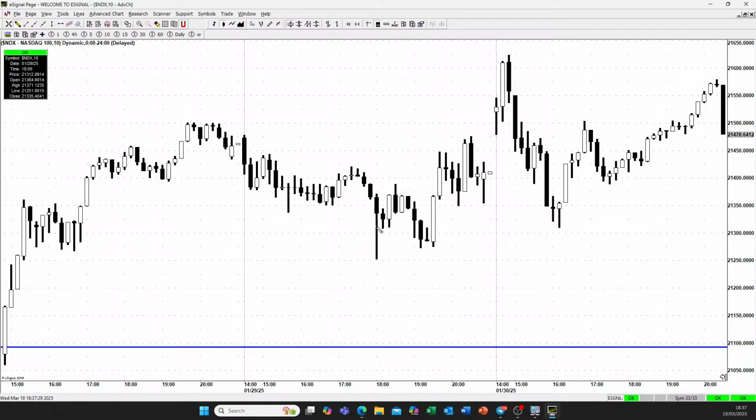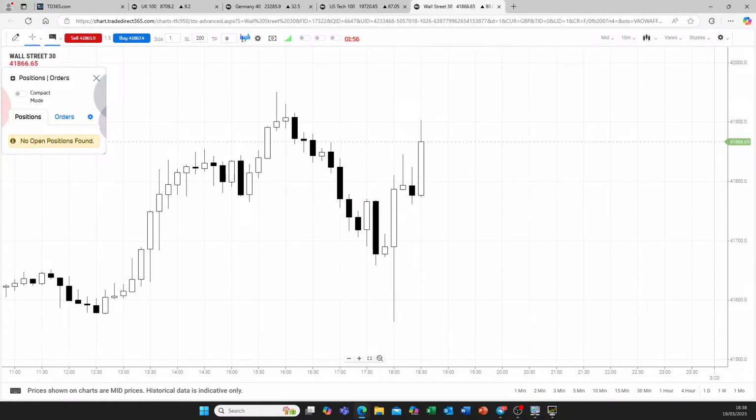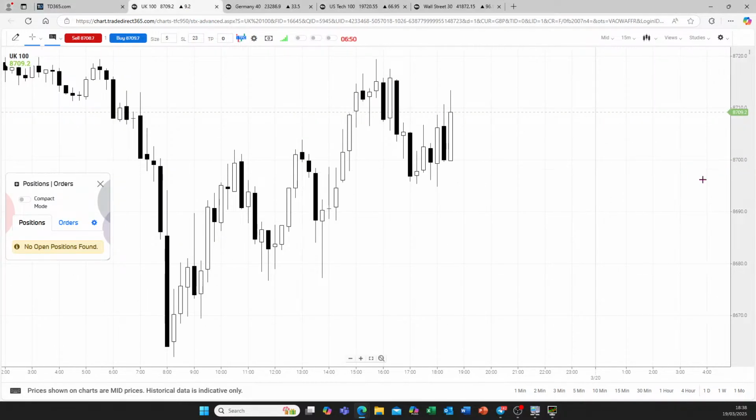I don't remember when it was released. I think it was released at 7 o'clock. So it's this bar here, 1, 2, 3, 4, and then long above. You can do this, even if you want, you can do it in the FTSE. You can trade it in the DAX as well, if you want to.